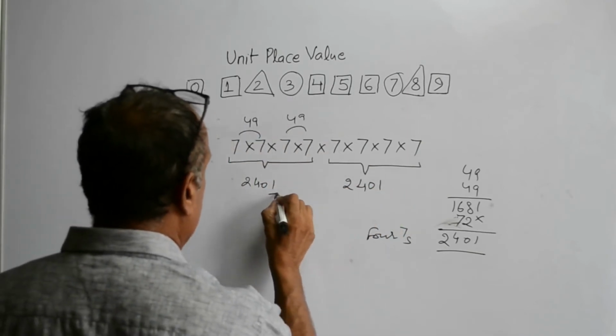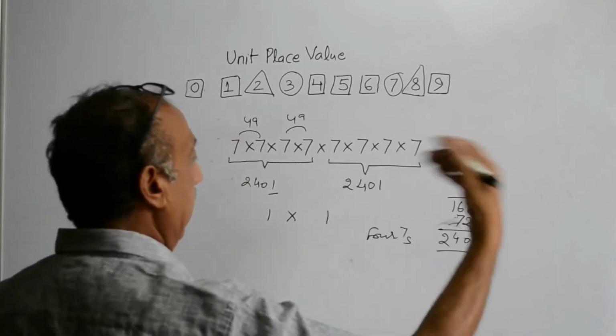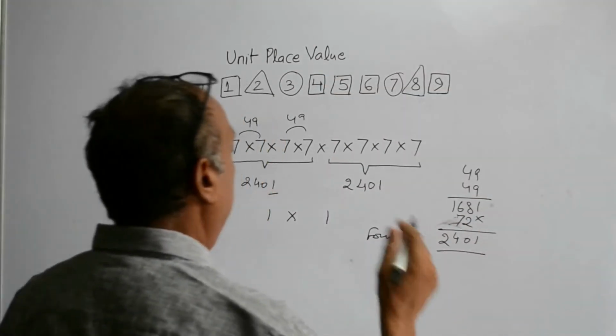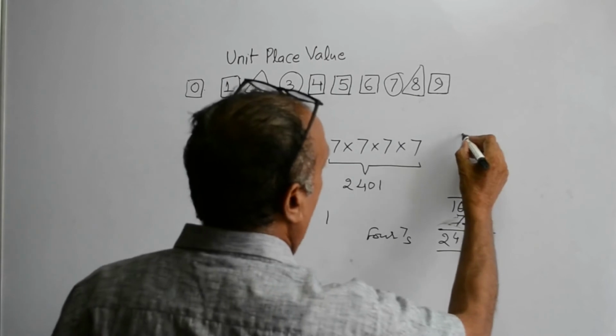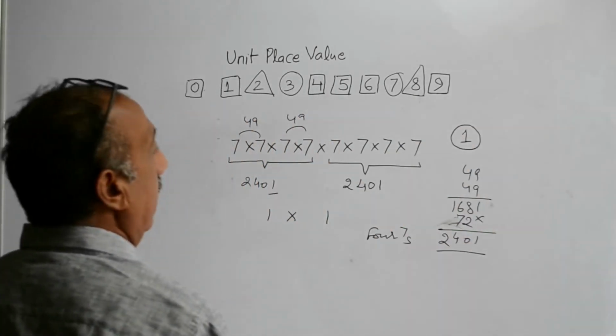So last digit 1 multiplied by last digit 1 multiplied by last digit 1 multiplied by last digit 1 will be giving us 1 as the last digit.